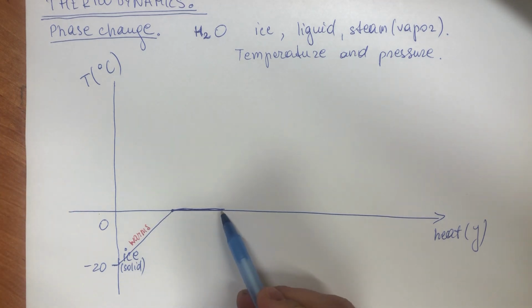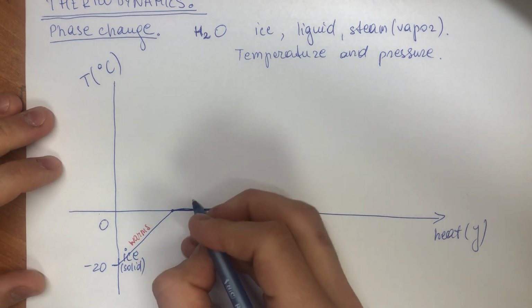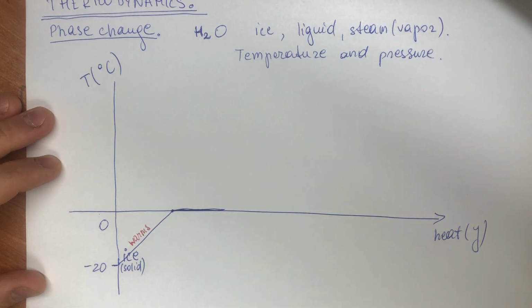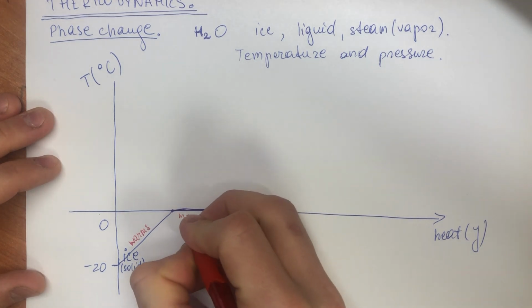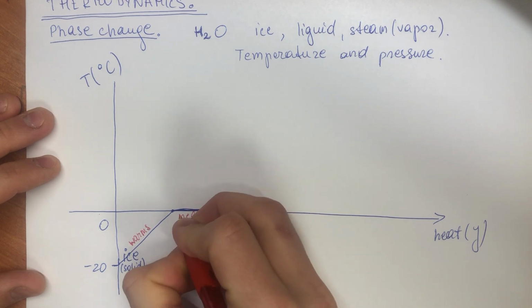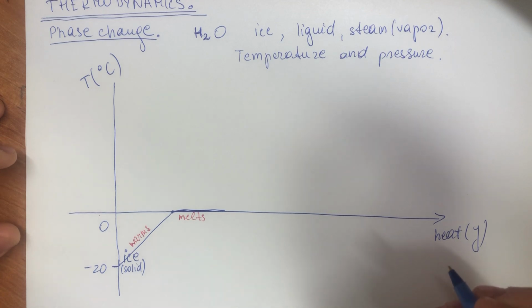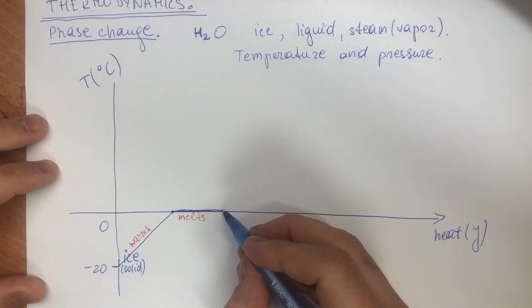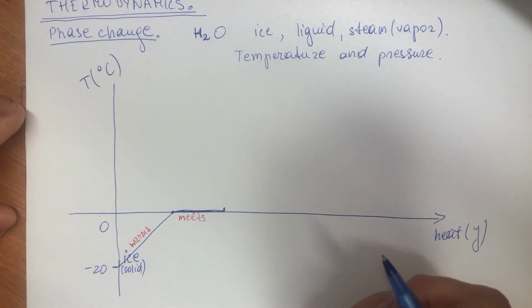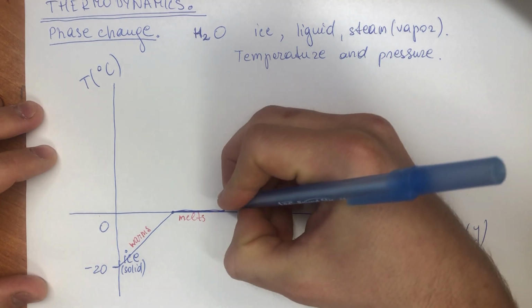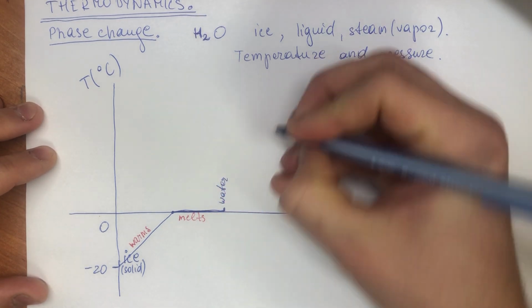So here ice melts, we break the bonds, and it turns to water. In this case here we have water after melting.